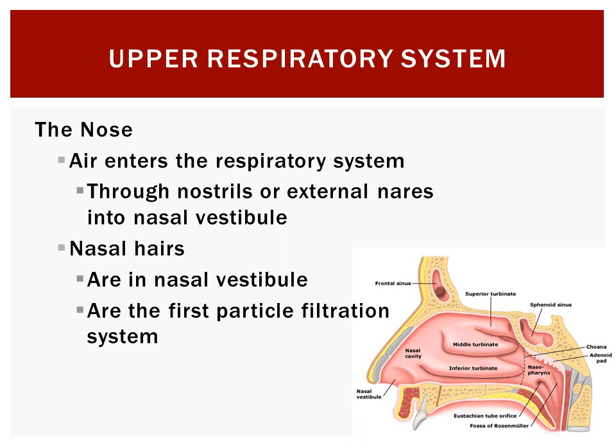First, we will start with the nose. The air enters the respiratory system through the nose. To be exact, it is through the nostril, or you can call it the external nares. Then, after that, the air will enter into the nasal vestibule.